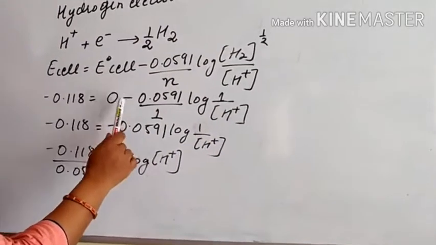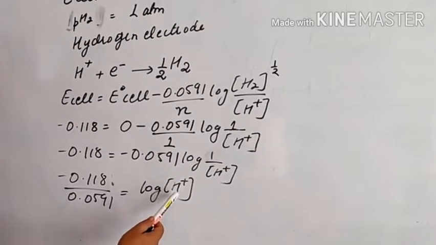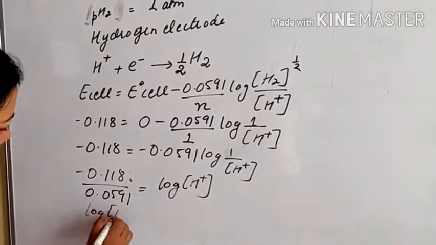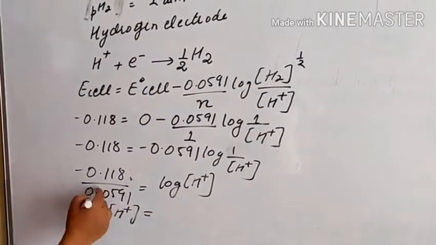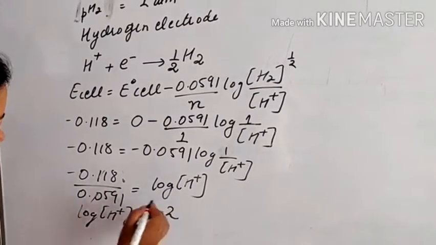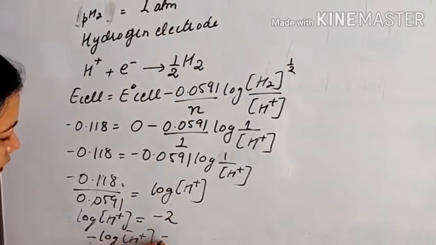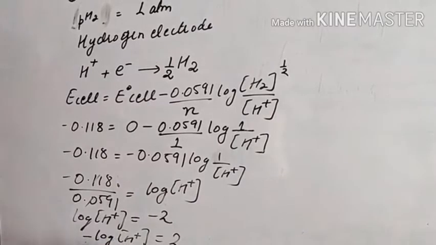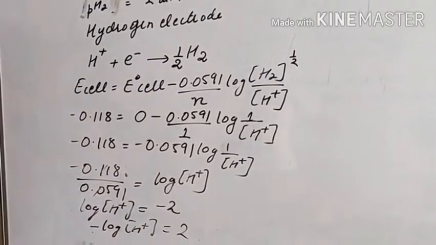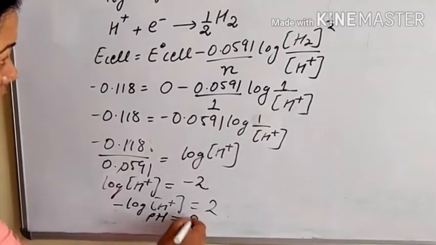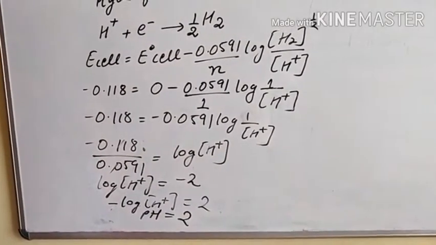So changing the sign, we can write it as log of H+. This log of H+, on solving, will be minus 2. Or we can write minus of log H+ equal to 2. And minus of log H+ represents the pH of a solution. So the pH of this solution is equal to 2.